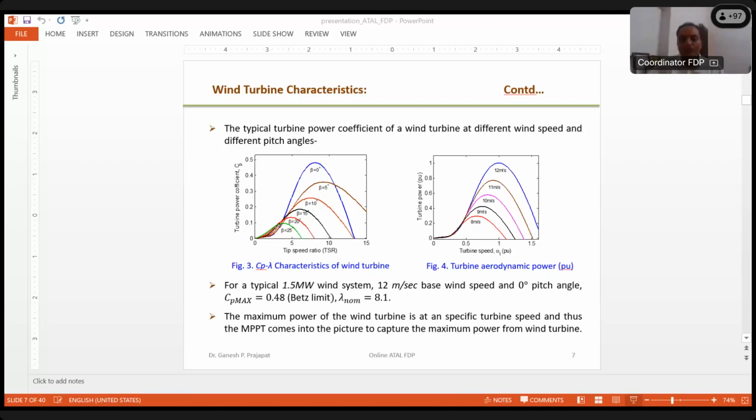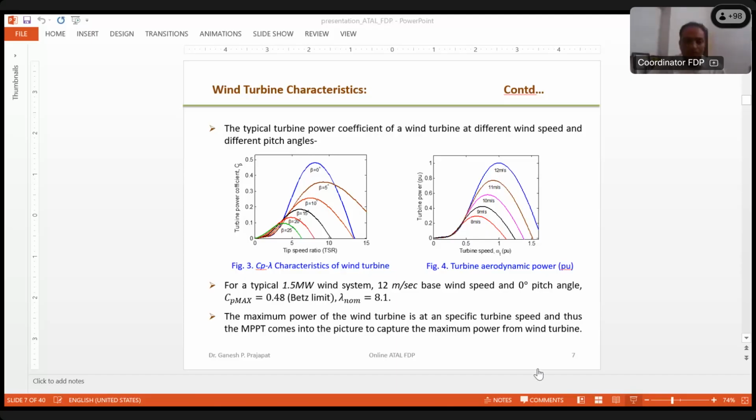We can have some loading mechanism over the generator, so that the generator can put some effort on the shaft so that the speed of the turbine changes and is set to the optimal value so that it gives the maximum power. So this is very important if someone is thinking about the MPPT, maximum power point tracking controller. So that is all about that one.